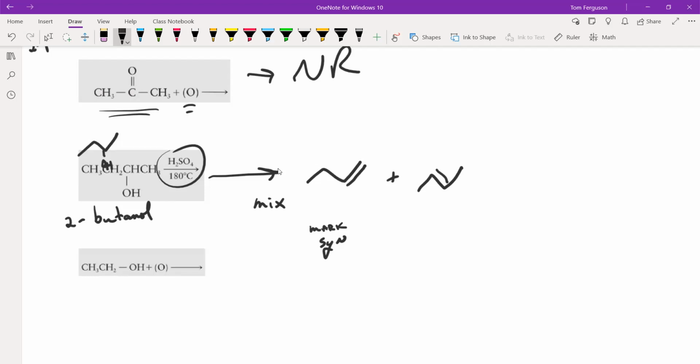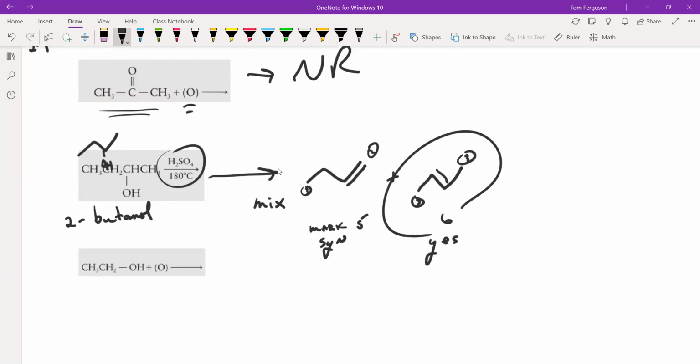How many terminal hydrogens do we have on the left? We have 3, 2, that's 5. And on the right, we have 3, 3, that's 6. And it's also more symmetrical. So we have more of those.